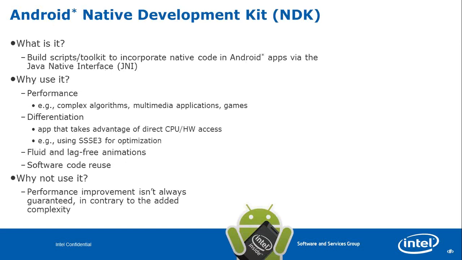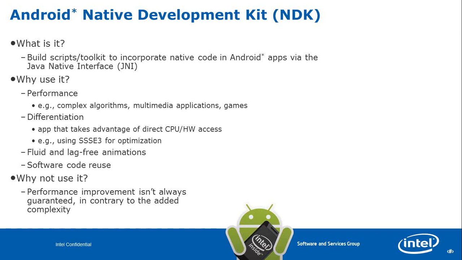So this is a session which talks about the Android Native Development Kit. What is NDK? You have heard a lot about NDK when it comes to Android. It's a set of tools, or you can call it a toolkit, in order to incorporate native code. When I say native code, it is C and C++ code, in order to convert it into an Android application.